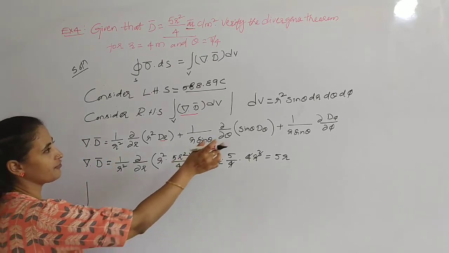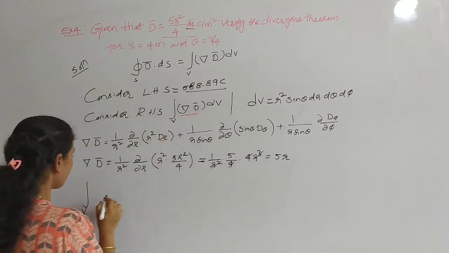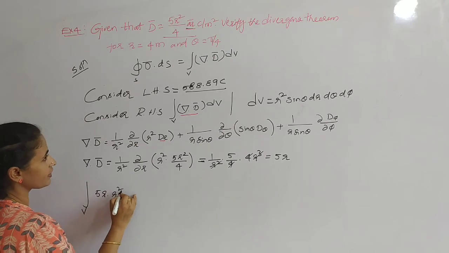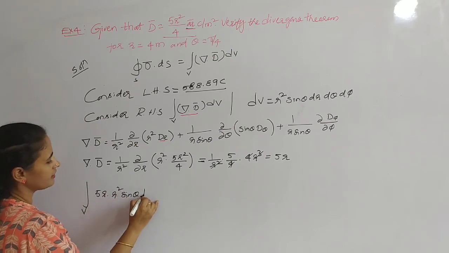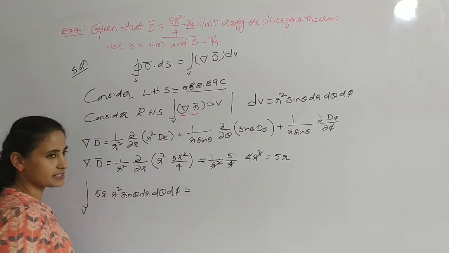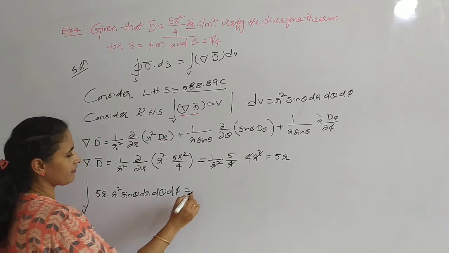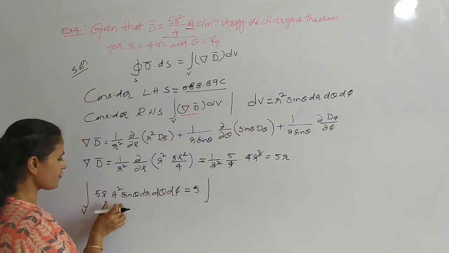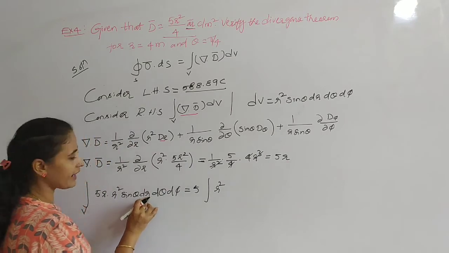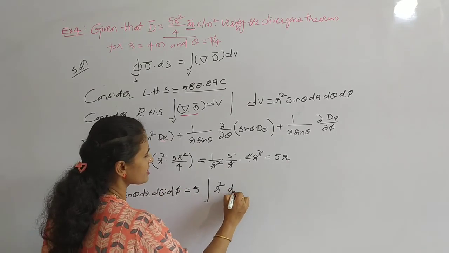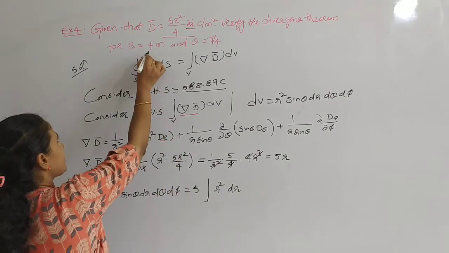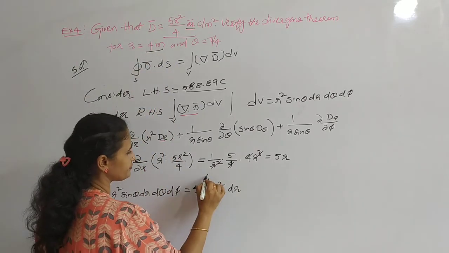Volume integral of 5r into dv, where dv is r square sin theta dr d theta d phi, equals, taking the 5 as common, integration of r into r square, written with its differential as r dr, and the range of r is given as 0 to 4 meters.